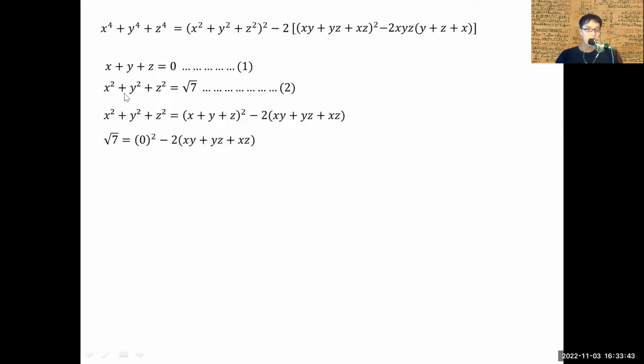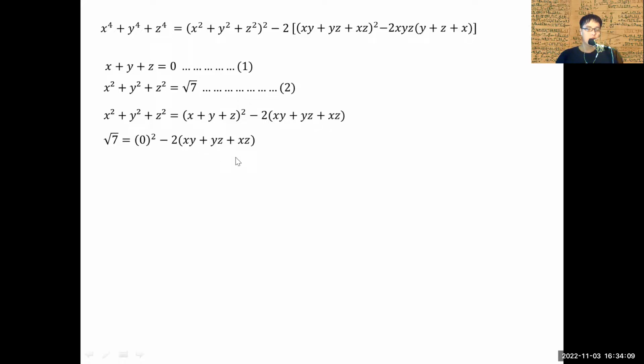Notice you are given that x squared plus y squared plus z squared is root of 7, so the left-hand side will be root of 7. Now, we know that x plus y plus z is equal to 0 from equation 1, so we just plug this in: 0 squared minus 2(xy, yz, xz).